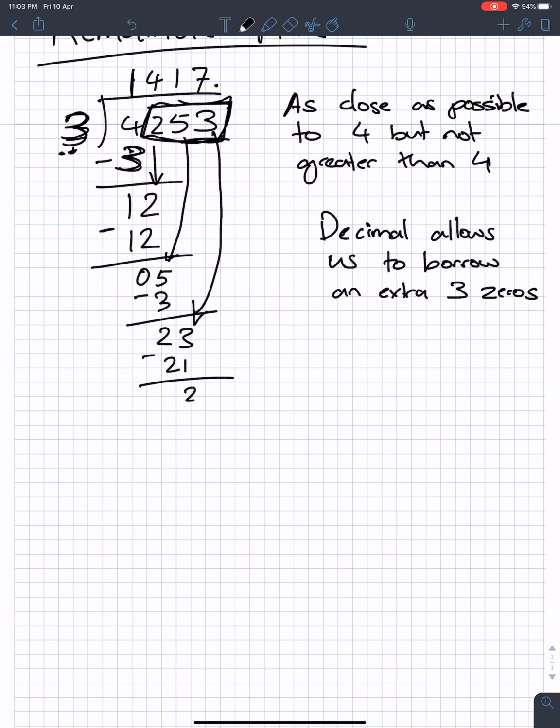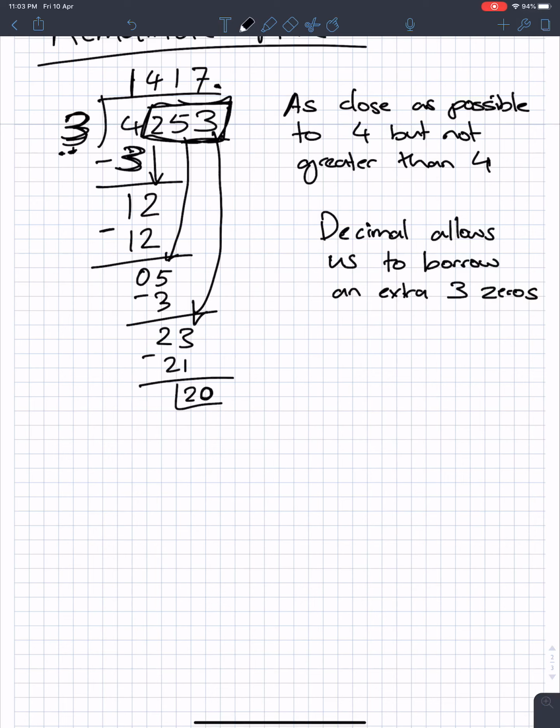Okay, so now that we've got this decimal point here, we have 3 zeros we can use, and we'll put 1 zero next to the 2, okay?